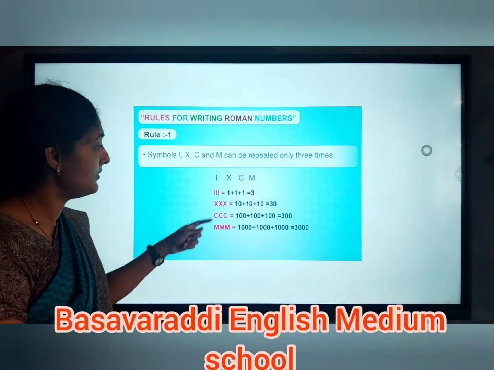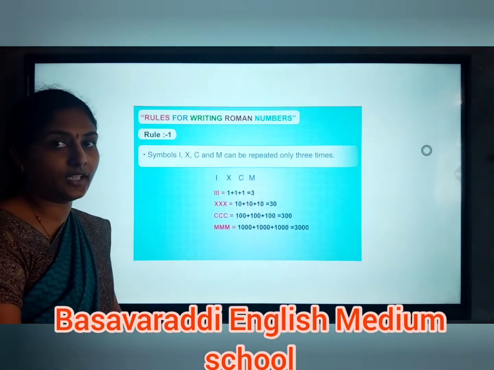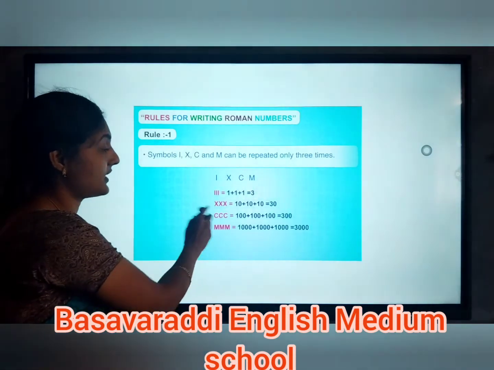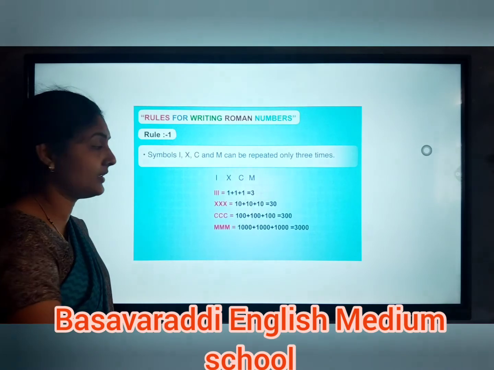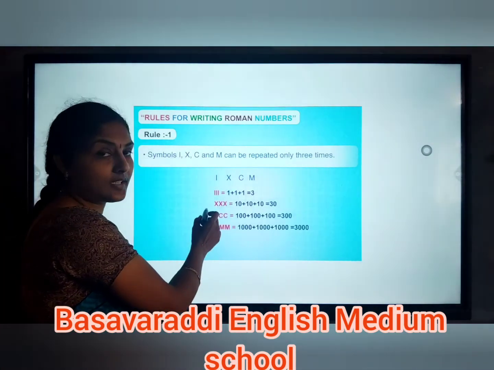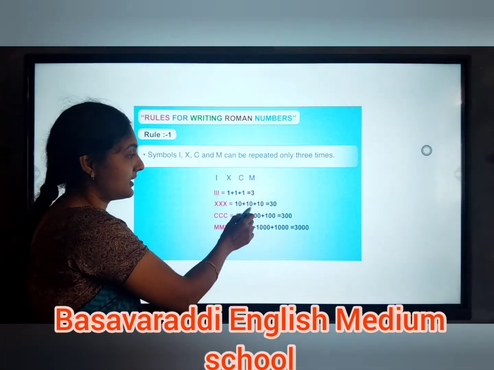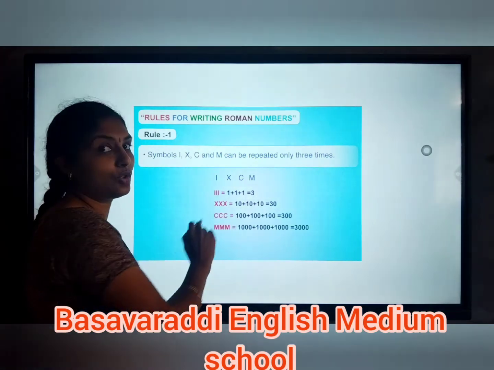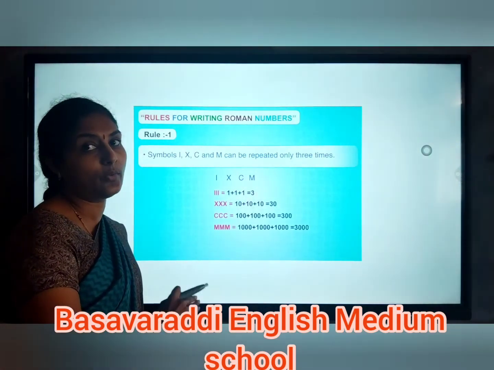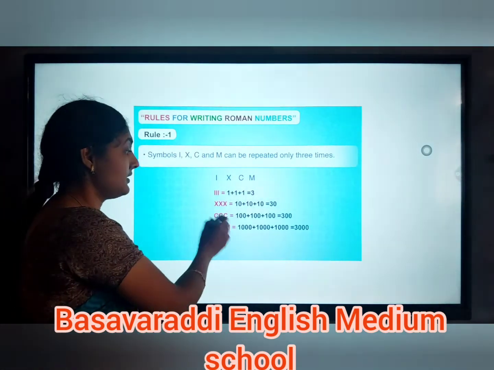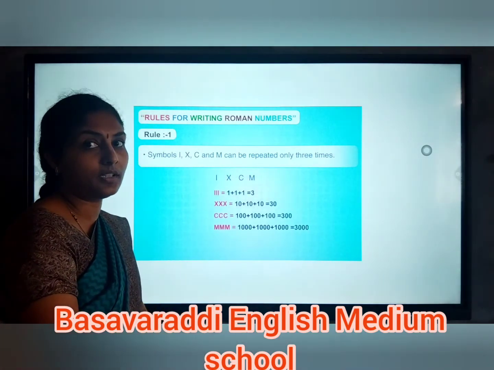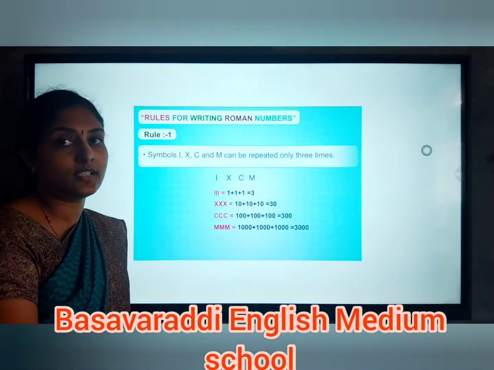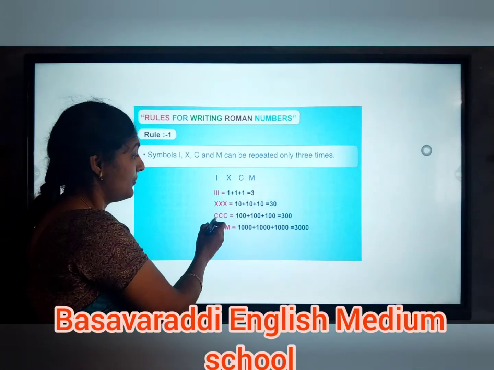The next example is 3X. The X is repeated 3 times here. So the value is 10 plus 10 plus 10, which is equal to 30. So the value of 3X is 30. Next, the third example in the first rule is 3C here.